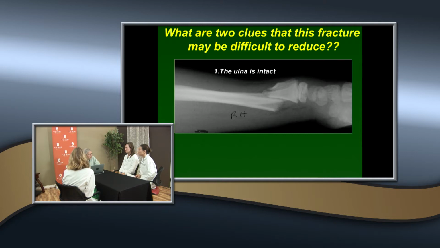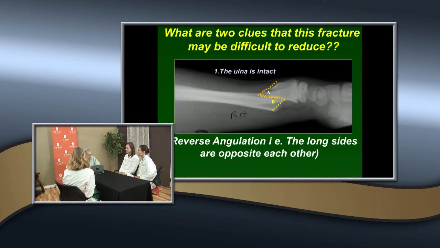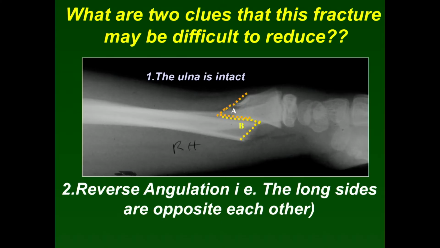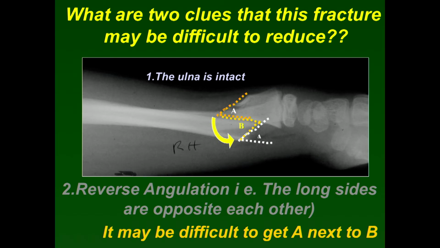What's the other factor? Swelling. Well, what is happening here? You've really kind of got the reverse angulation. The long sides are opposite each other, so it's a long way to get A over to B. So this one may be a little bit of a problem in getting a reduction. It may be difficult to get A down to B.